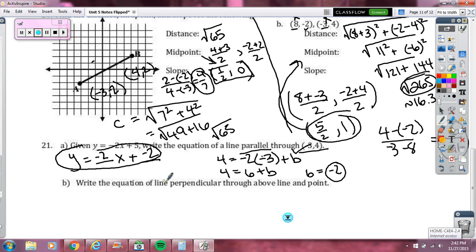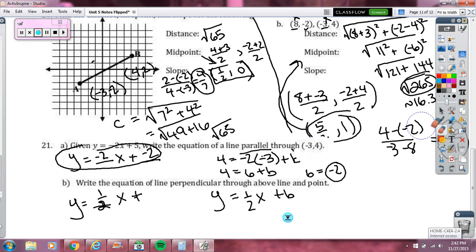Next one, write an equation of the line perpendicular. So almost the same, except for, instead of putting -2 in the position of the slope, I want the opposite reciprocal, which would be 1/2. It's going to be a different value for b as well. So in the equation that I'm building, I know that I can use -3 for x.